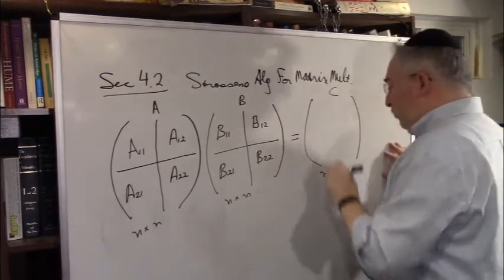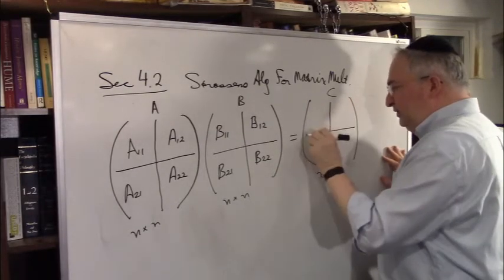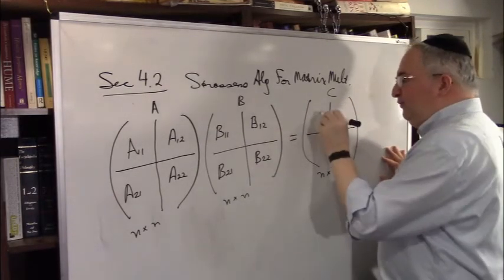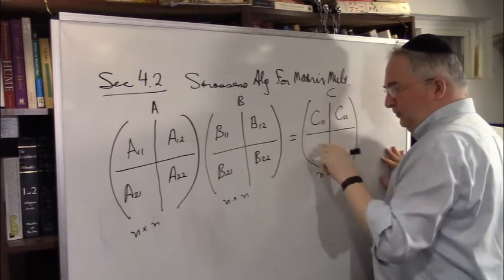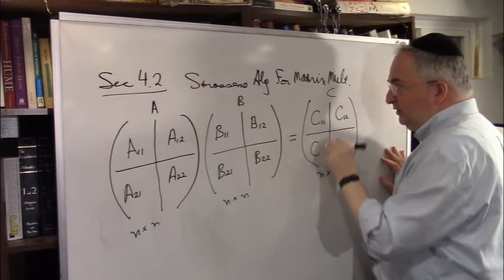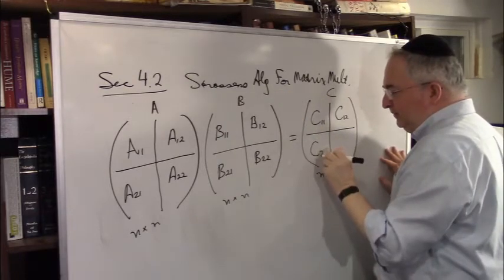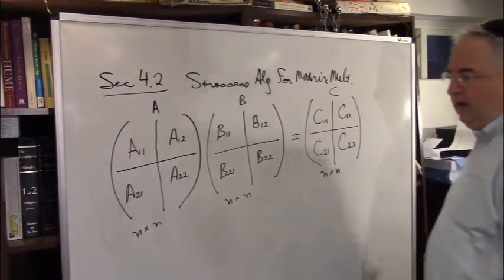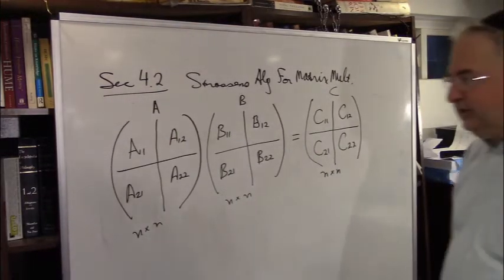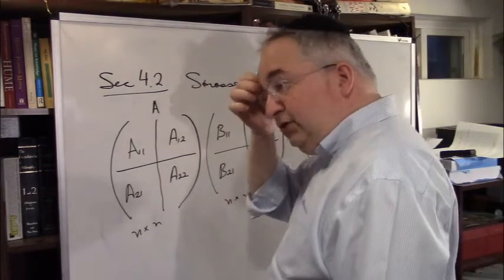And what you're going to get out is a matrix with 4 parts. These are capital letters. They're similar to these capital letters. Okay, great. Now, let's look at this. How big is each one of these matrices?